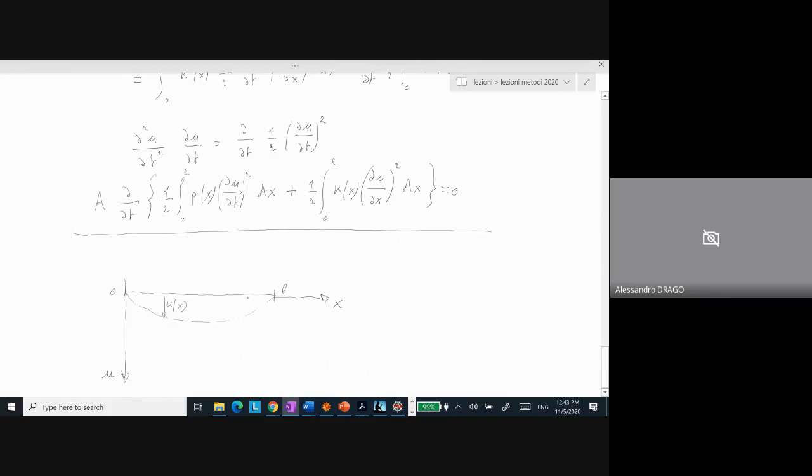If I now consider the effect of the force of gravity on the potential energy of the string, you recall that the potential energy is defined only up to a constant. The constant in general does not play a role unless you are in general relativity, so I don't really care. But what happens if the string is moved downward, in this direction?